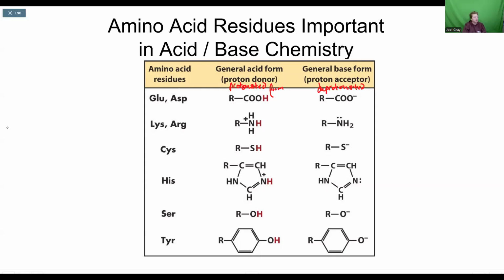So, if you think about a pKa value for aspartic acid or glutamic acid, that's going to be a fairly low pKa value. I'll say a pKa of about 4, just one round number for both of them. At a neutral pH, so a pH of 7, what are those residues more than likely going to be acting as? More than likely, they're going to act as general bases.